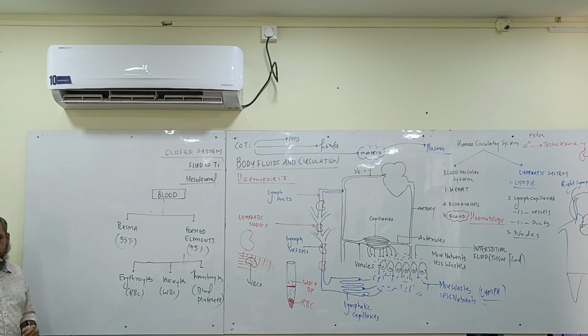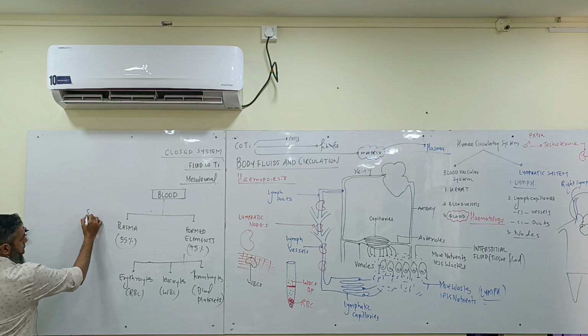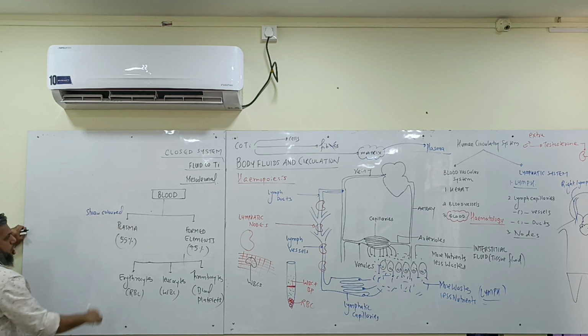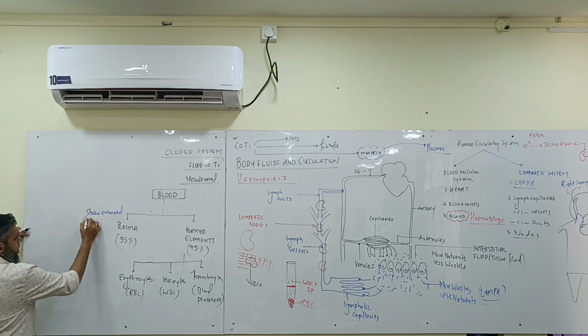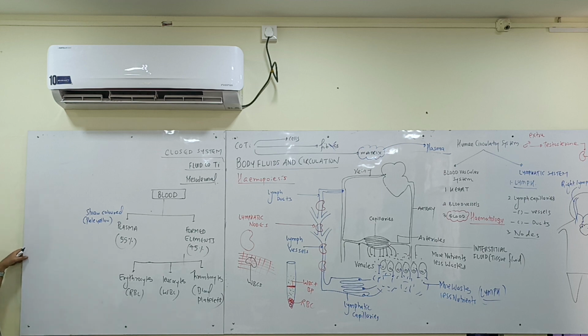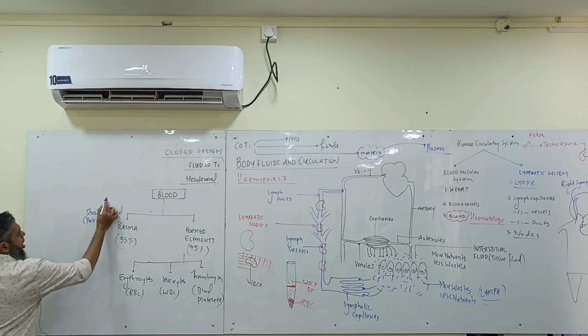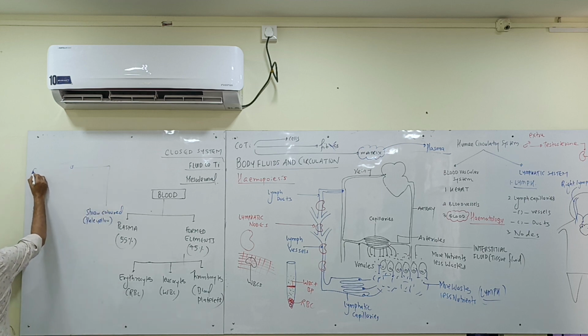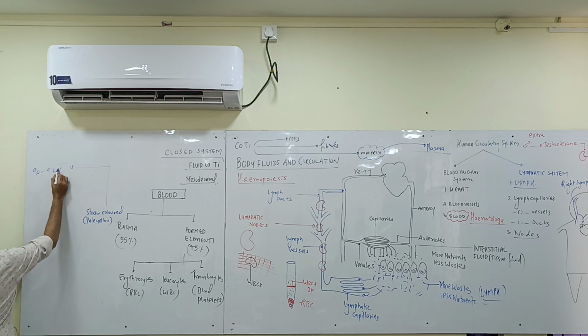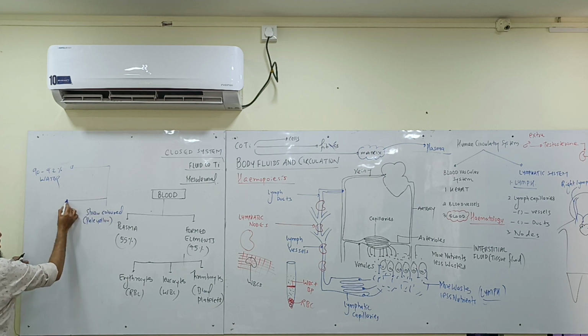Clear, everybody? Okay. The plasma is what I mentioned? Straw color. Straw color means it is pale yellow in color. And it is made up of 90 to 92% water.